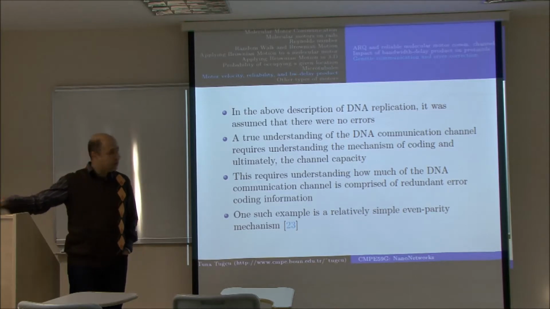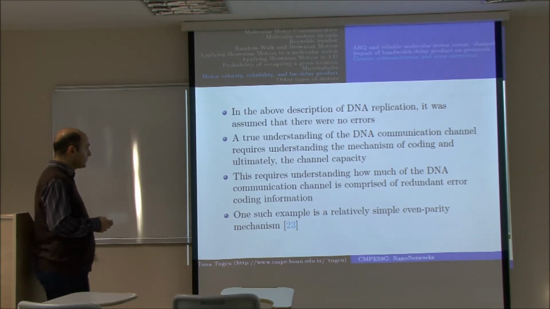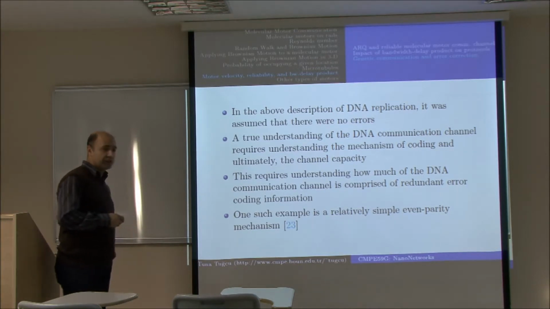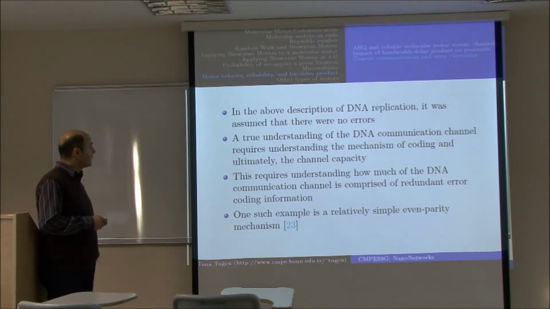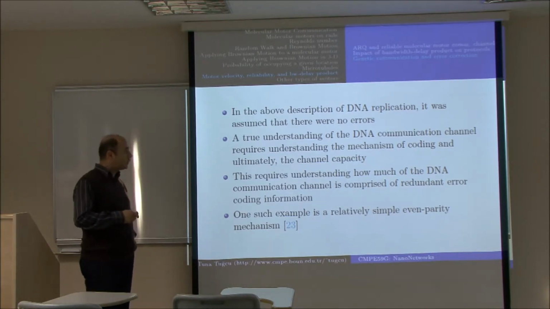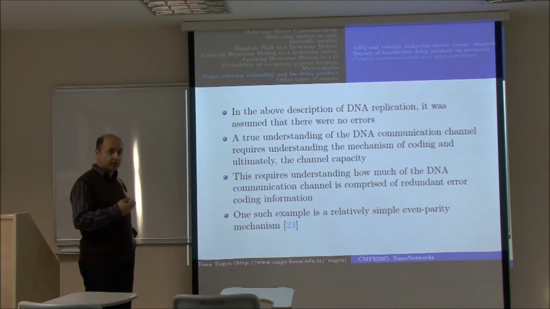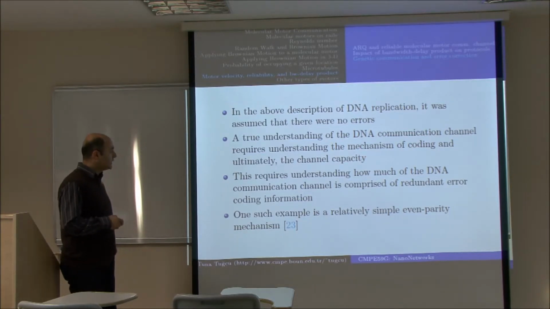According to the descriptions we had about DNA replication, it's assumed that there are no errors in this process. A true understanding of the DNA communication channel will require that we understand the mechanisms of coding information on DNA and also the channel capacity.